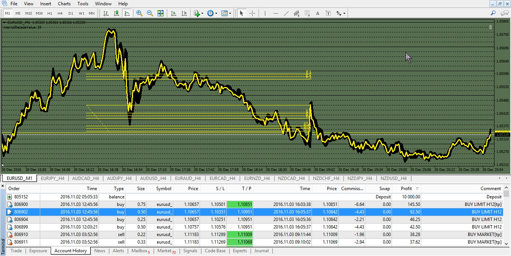So when you pull the trigger on a standard lot, you're down $20 out of the gate. You've got $30 left before they stop you, and you're down $50 now. Now what you have to do is go back in the market. So he says to me, well, I get stopped out of that.